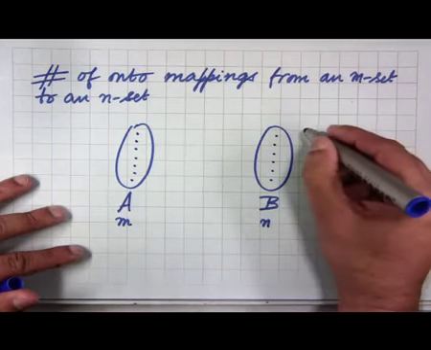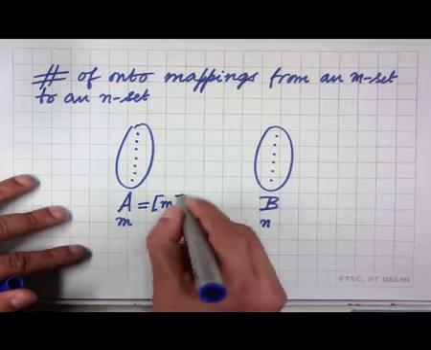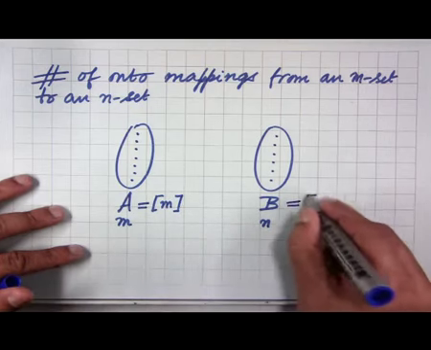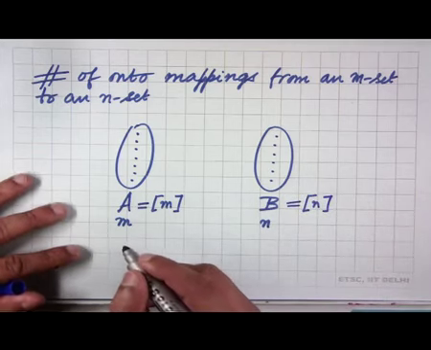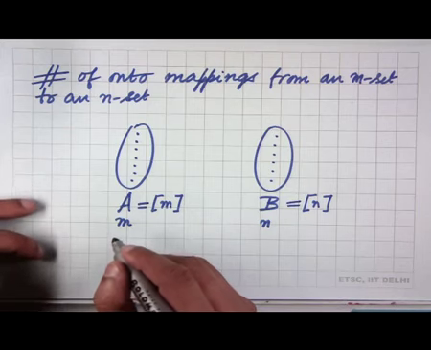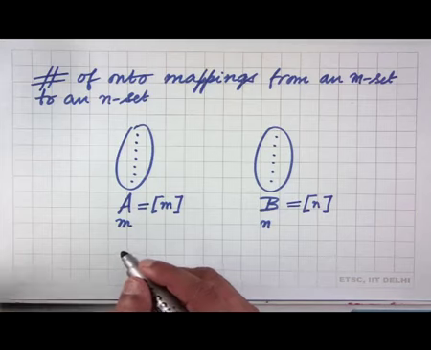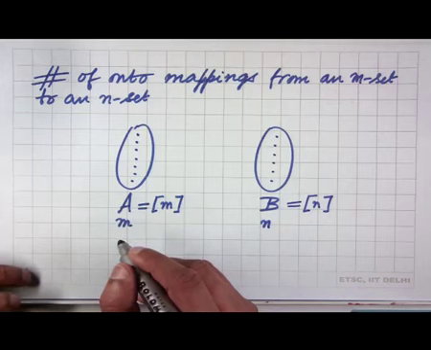I could simply take the instance when A is in fact the set 1 through m, denoted by the square bracket m, and B is the set 1 through n, denoted by the square bracket n. Now, we want to find the number of onto mappings from an m set to an n set. We have to apply the formula for PIE in the indirect version, in the complement version.